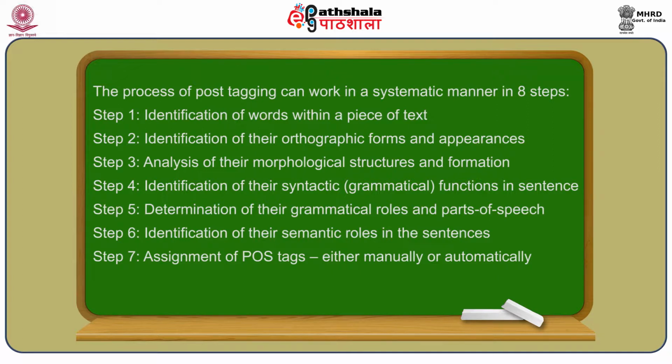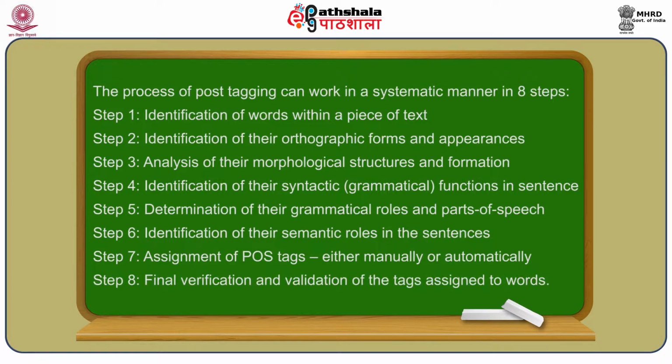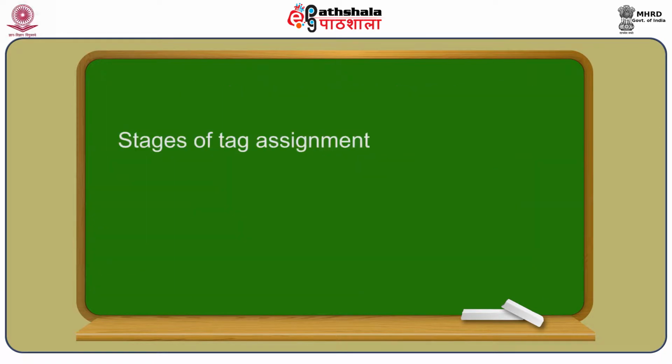But whether this is rightly done or not can be checked by manual verification and validation. So the final stage is final verification and validation of the POS tag assignment. So these are the several stages involved in it. Then there are several levels, the steps involved. Now there are several stages of tag assignment, POS-tagging.